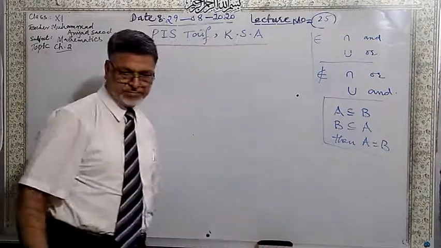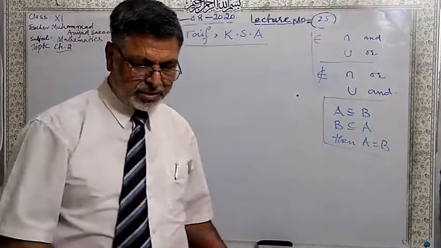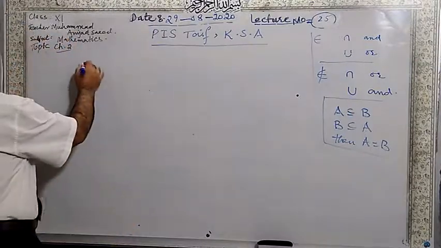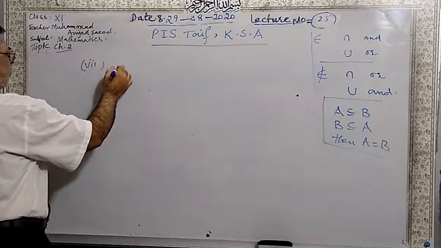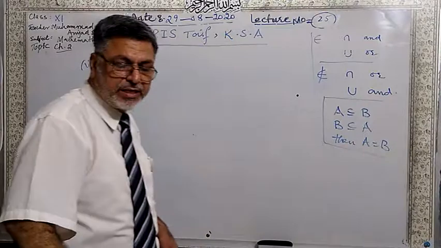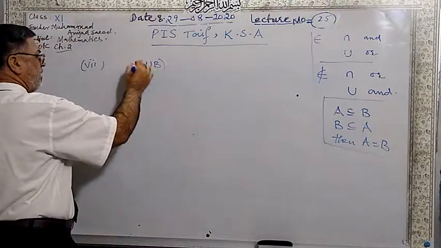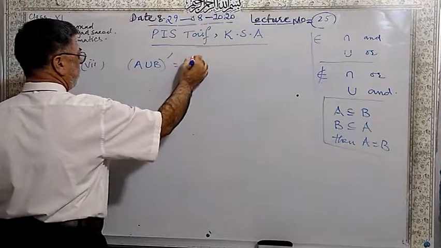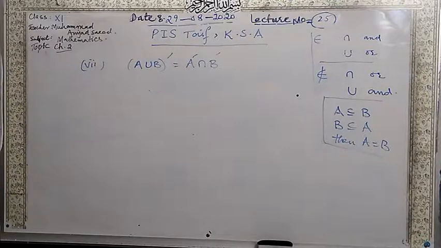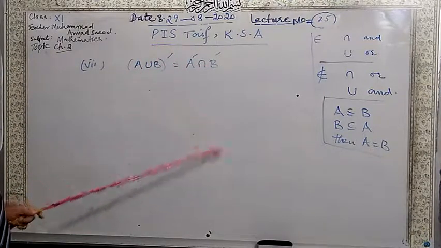After that, we have an analytical proof of De Morgan's laws. Point number 7. Analytical proof of De Morgan law: A union B whole complement is equal to A complement intersection B complement.